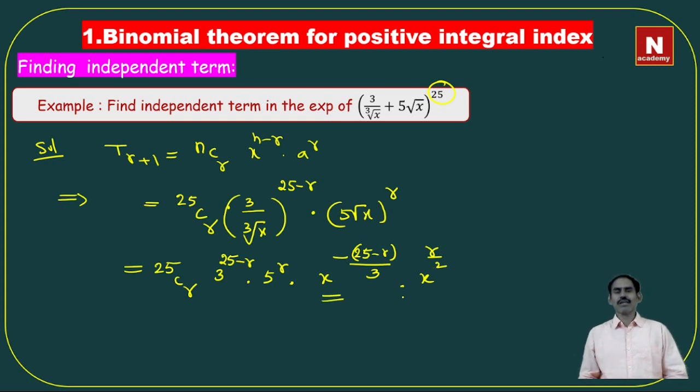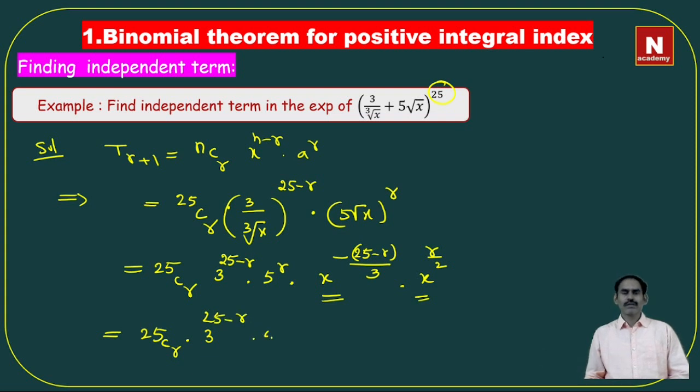Now the bases are equal, so the powers should be added. Simplify this: 25Cr · 3^(25−r) · 5^r · x^(−(25−r)/3 + r/2).